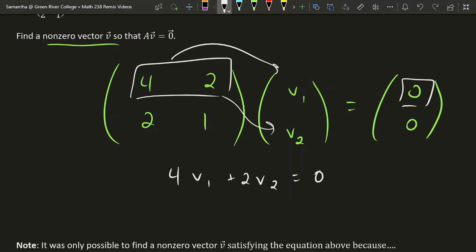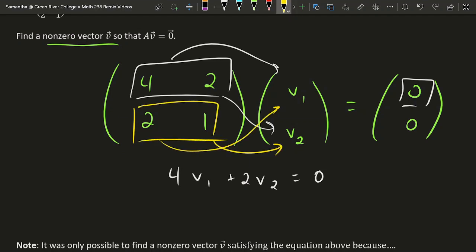At the same time, it would also have to be true that the product of the second row and the vector would have to equal 0 as well. So 2 times v1 plus 1 times v2 would have to equal this 0 down below.